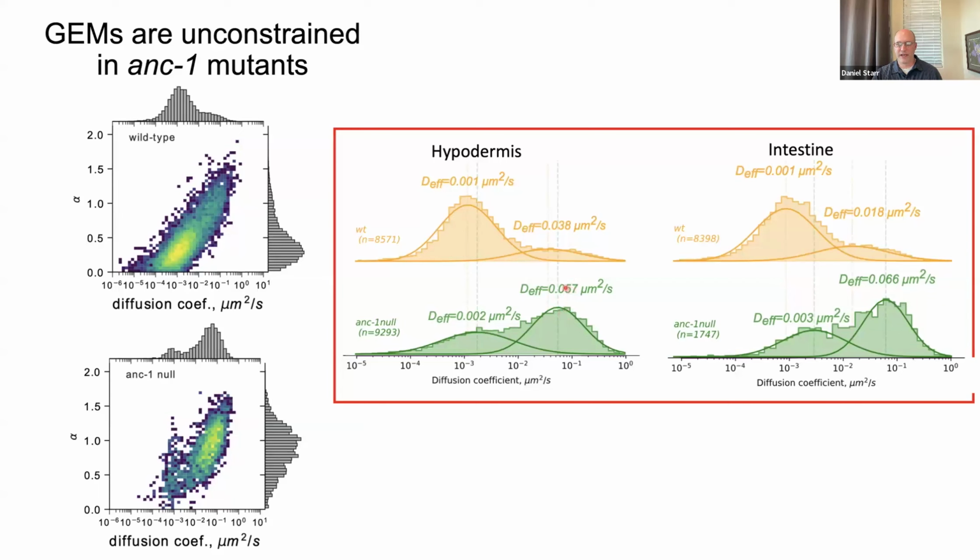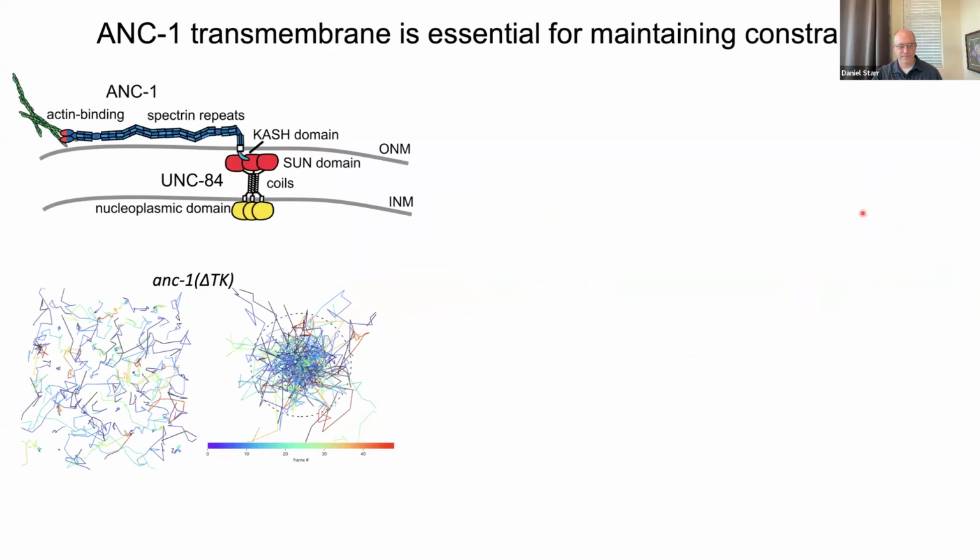And even the ones that are moving here are moving at a faster speed than wild type was. So the ANK1 mutant causes these constrained gems to become unconstrained, and so we think that ANK1 is constraining the cytoplasm.